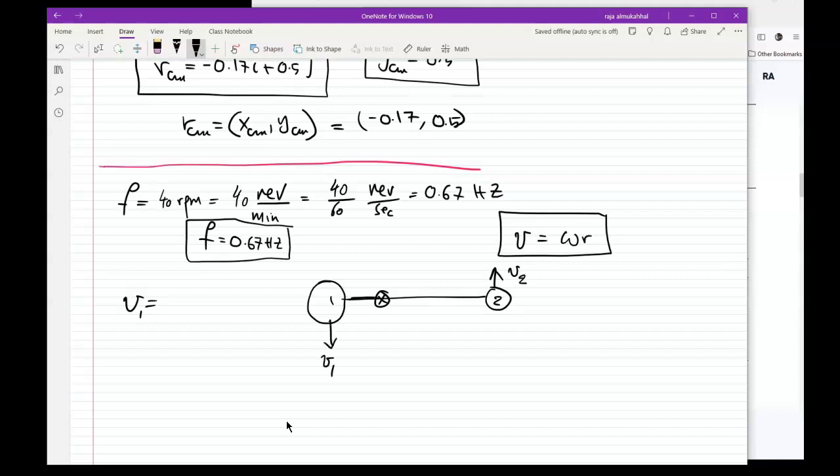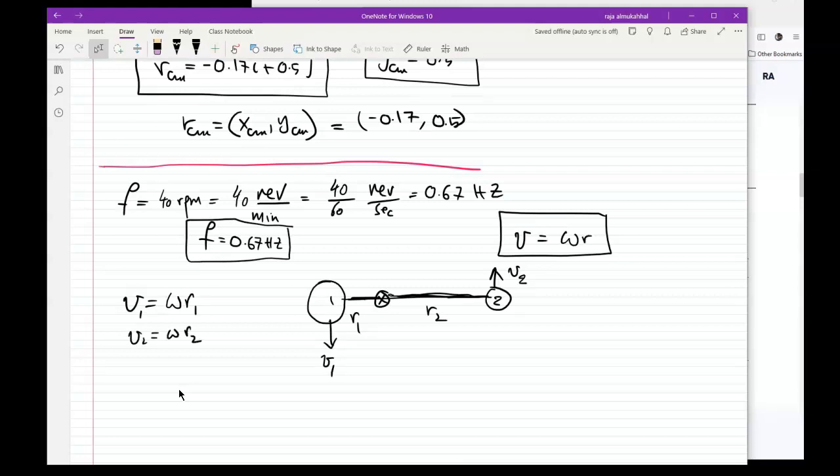This is R1, and this is R2. So he's asking for V1 and V2.